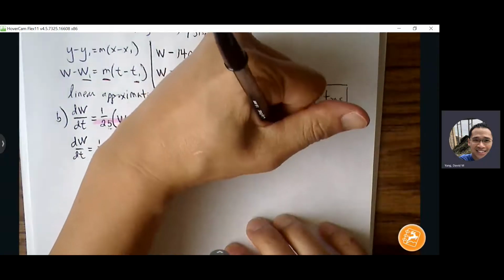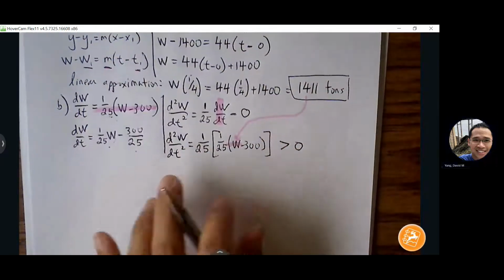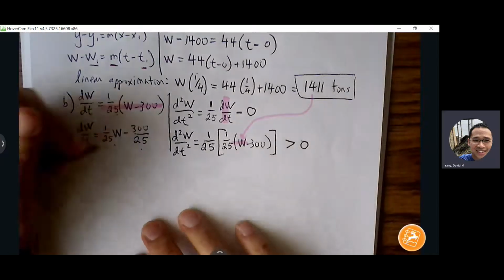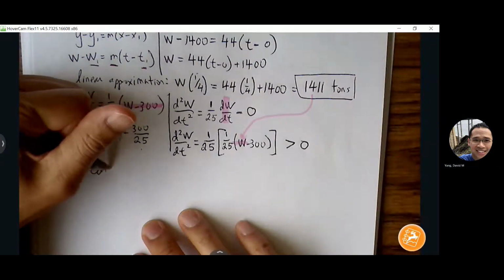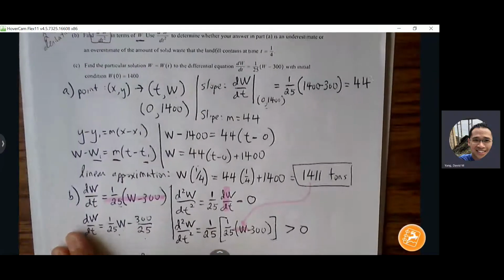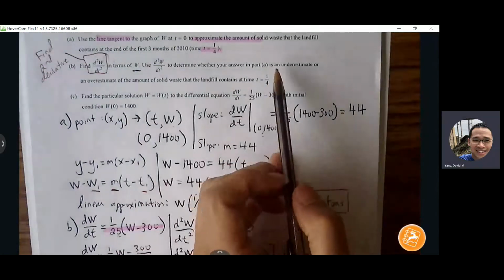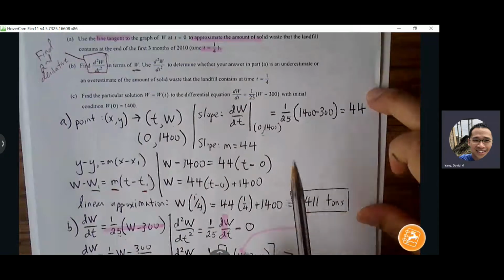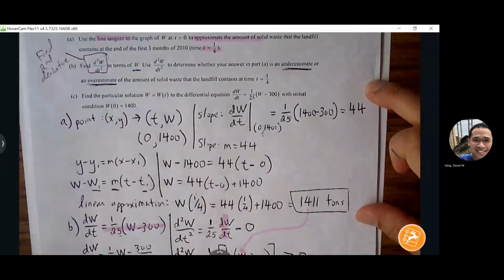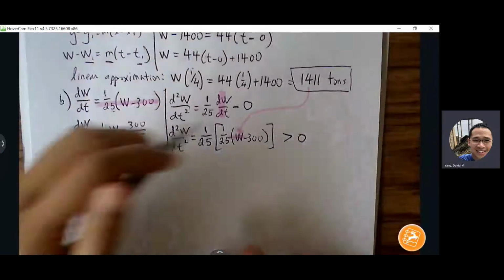Positive. Okay, so if I get a positive value, what does that mean visually? The graph is concave up, right? Is the tangent line from part A going to be an underestimate or an overestimate if the graph is concave up? Let's visualize it.